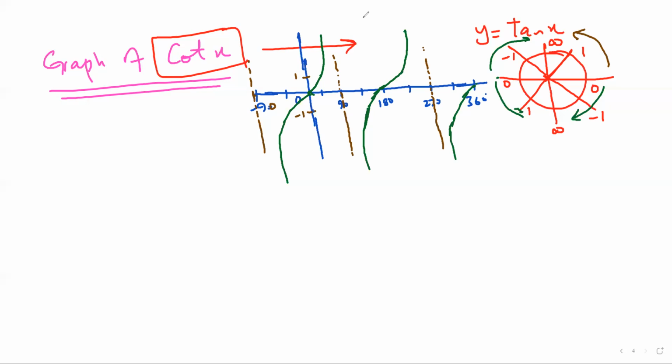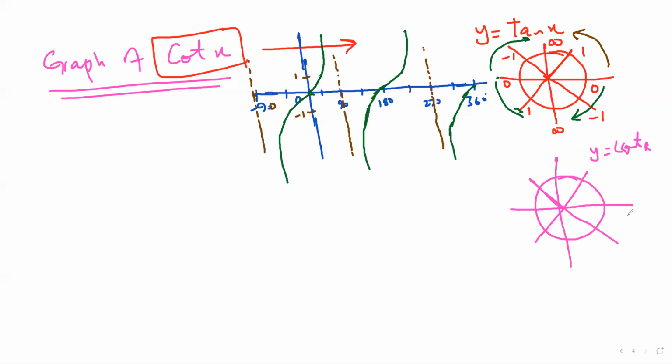Now, using this, I'll be trying to plot the graph of cotangent x. First of all, let's see how the values change for the cotangent x. When you have y equal to cotangent x, these values are going to be the reciprocals.